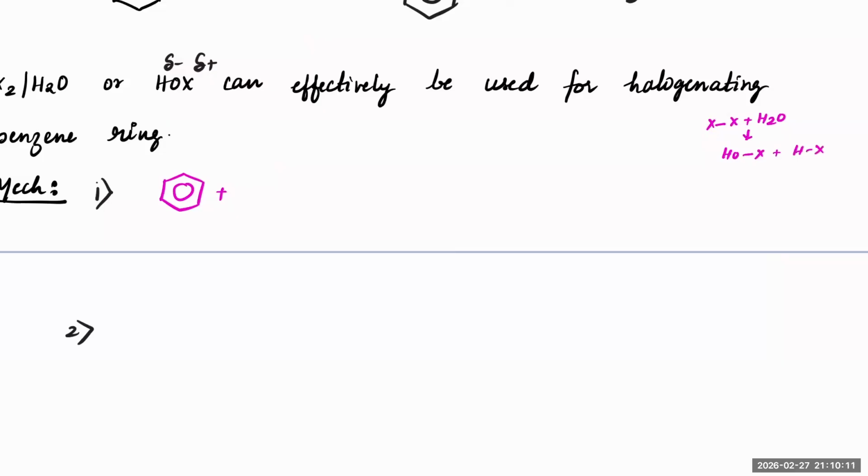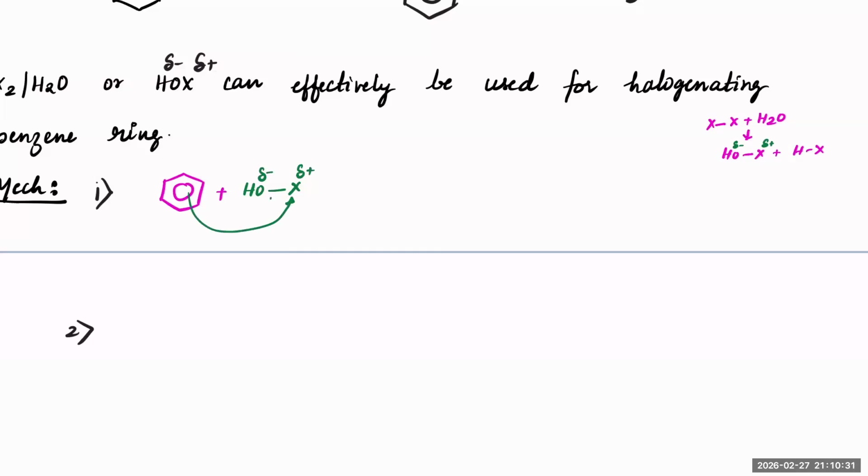And in this HOX, you will notice that this will be delta negative and this will be delta positive charge. And this delta positive charge is going to be the more electrophilic site for benzene. That's why you will see that HOX is present as delta positive and delta negative charge.